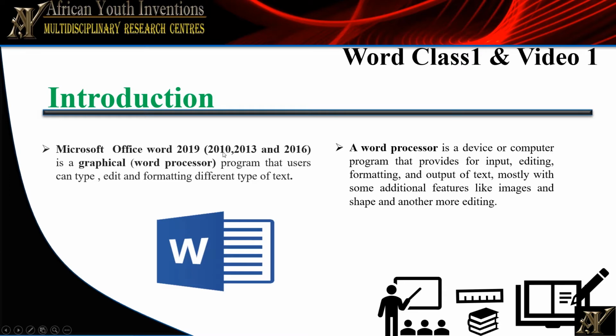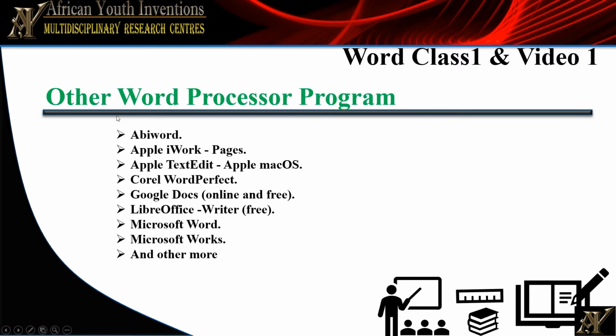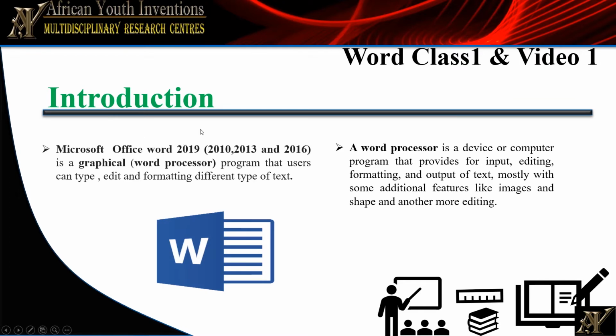You also have 2007, and also the old one, 1998. Which means whatever opened in 2019 will not open easily in the old version, but any document I did in the old version will open in the new version.